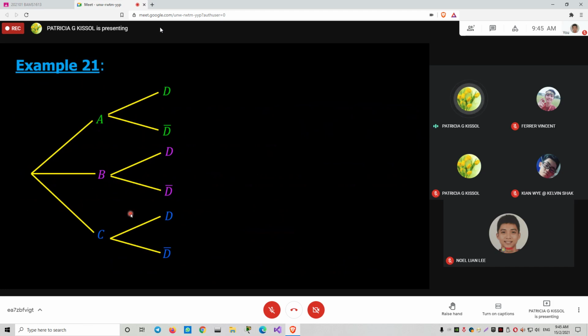So now we are using a probability tree to solve the problem. Based on the information given, we have Alice, Barbara, and Kathy. Each one of them gives us 0.55, the amount packed by Alice, Barbara is 0.3 and Kathy 0.15.